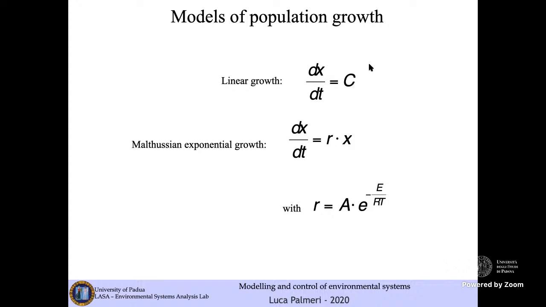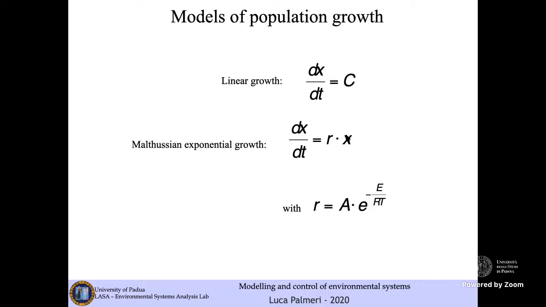We have said that in the case of, for example, bacterial growth, or in the case in which growth depends on the number of organisms growing itself, the variation in time of the dimension of the system is proportional to the dimension of the system itself. In this case, we have a Malthusian exponential growth system.